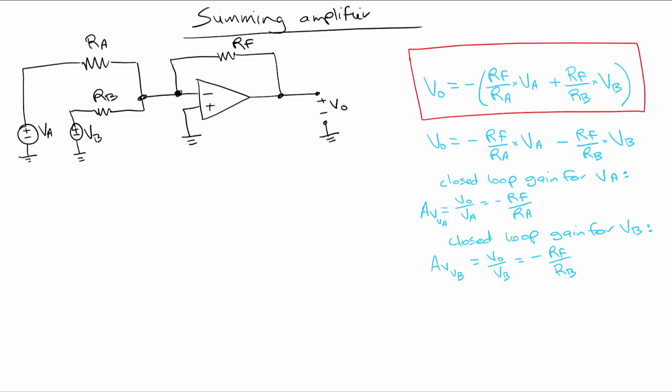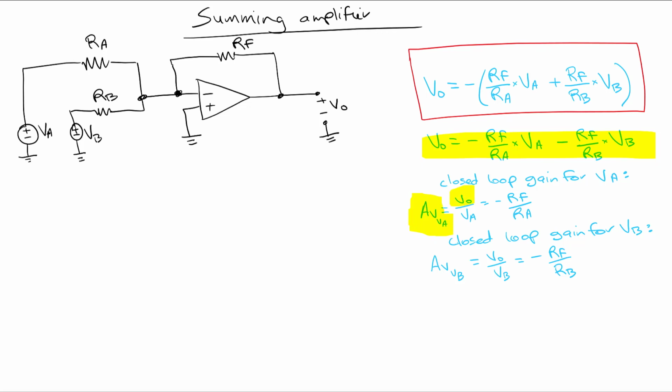Now, what about the closed loop gain? If we break out the equation and write it a little bit more simply, we just multiply out the negative sign all the way through, and I find this is actually a good way to understand the equation too. When we are talking about the closed loop gain, we've got two inputs, so we talk about the closed loop gain for each individual input. We have an AV for VA, for the VA input.